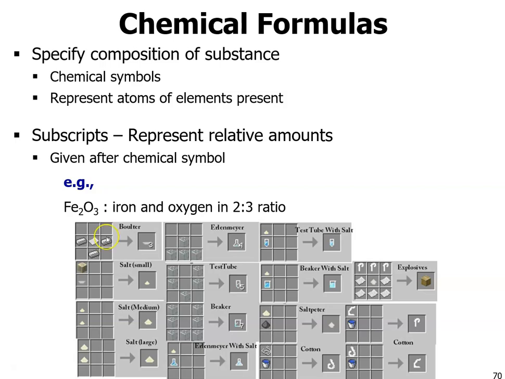For example, if you have three pieces of some type of metal and a piece of paper, you can make a boat. Or you can make an Erlenmeyer flask with three different pieces of glass. So the idea is really kind of the same. And it's an interesting concept because you can't just put glass anywhere in here. You have to have glass in the proper orientation to create the proper thing.